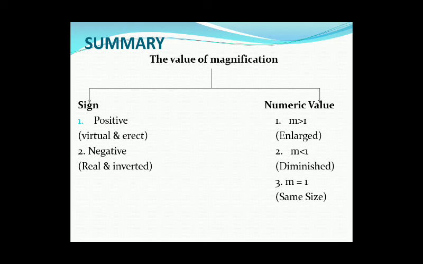For example, if M equals minus 1, what do you mean by this magnification about the image? Minus means real inverted. 1 means same size. So the nature of image is real, inverted, same size. Simply a 1 mark question.